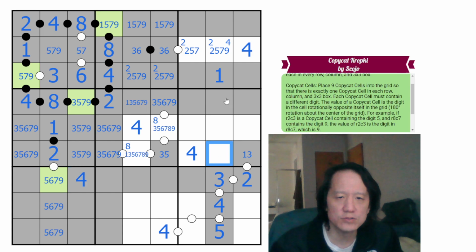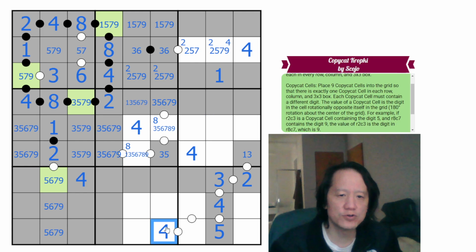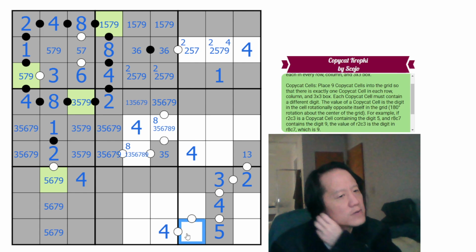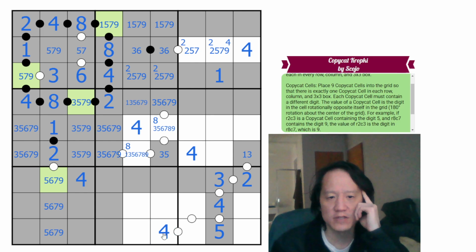This can't be 2. This can't be 2. But 2 could be here, here, or here, or here, right? If this were a 4 in actual value, this would have to be a copycat, right? If this is not 4 in actual value, then obviously this would be the copycat.